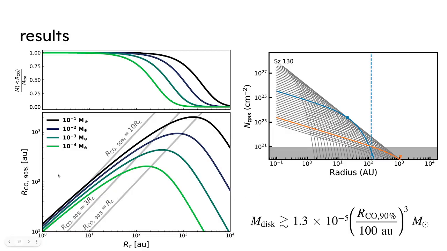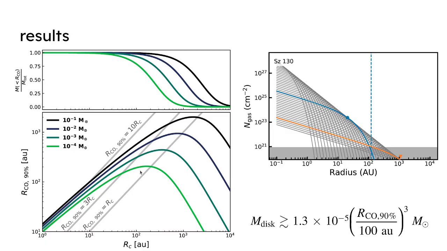The second thing is that for a given value of R90, there are two solutions for the value of the characteristic radius. There is a chemical explanation for this. It's basically just photodissociation.